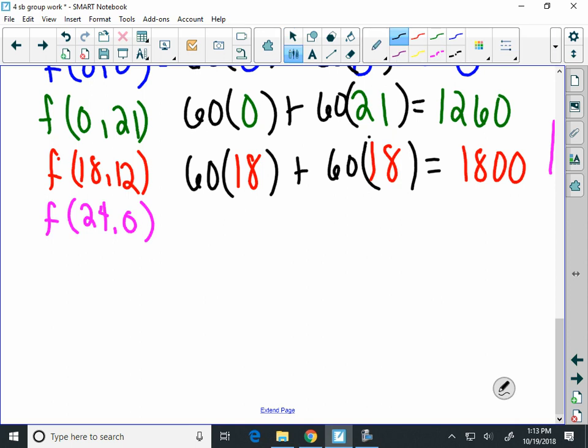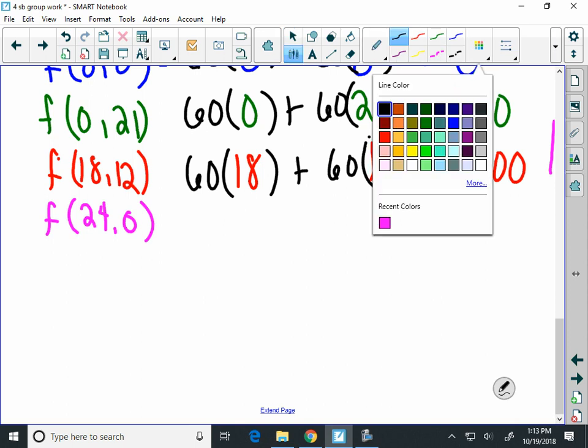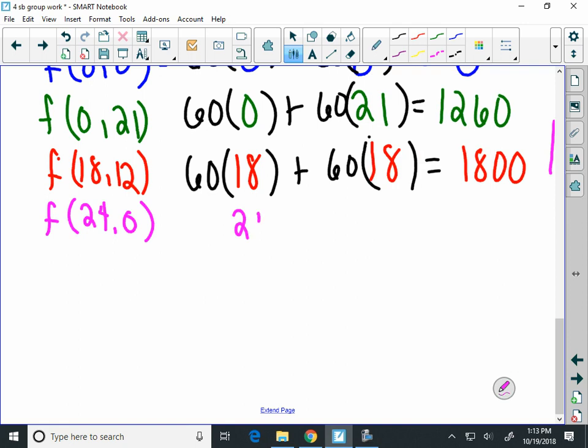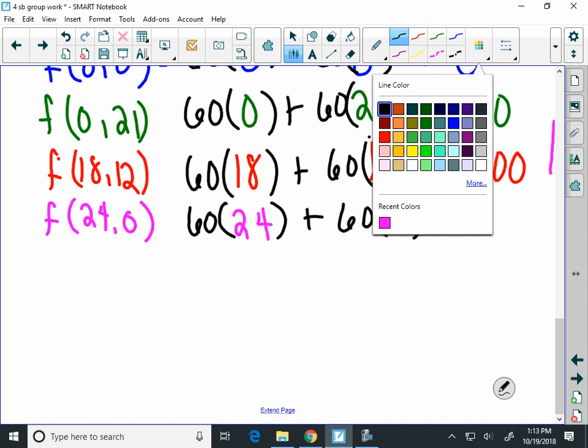And when we put 24 back in for x, and 0 back in here for y, we get 60 times 24 plus 60 times 0. When we type that in our calculator, we end up with 1,440.